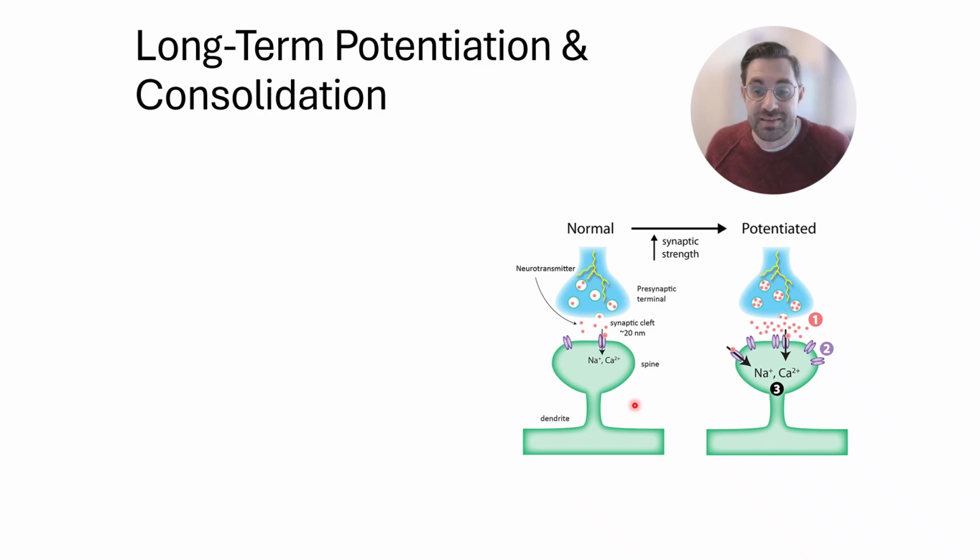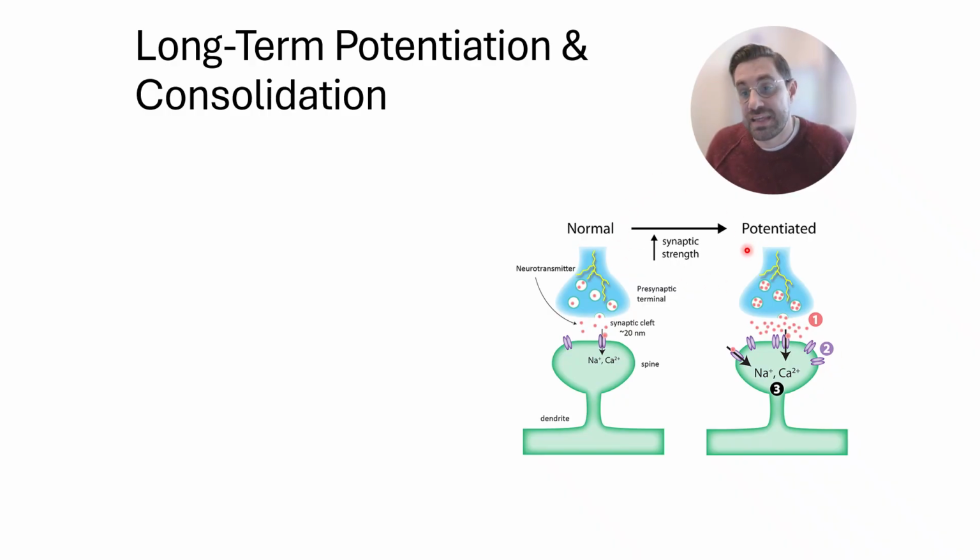Long-term potentiation is the idea that changes at this synapse are going to increase activity when it's potentiated. Okay, so you see a few changes here, right? So more neurotransmitters presynaptically, more neurotransmitters then released into the synapse, and then more receptors on the other side. So this is two changes, right? More neurotransmitters being released, more receptors on the other side.